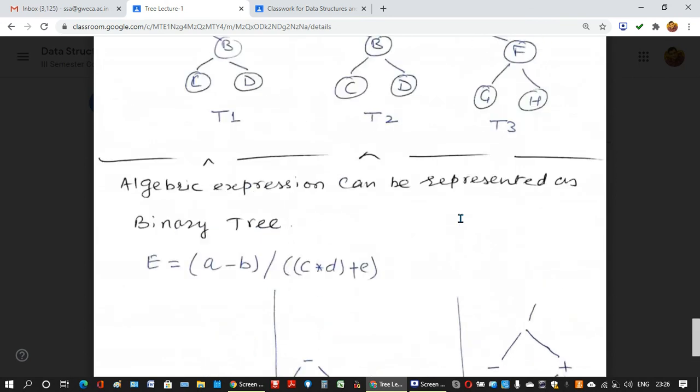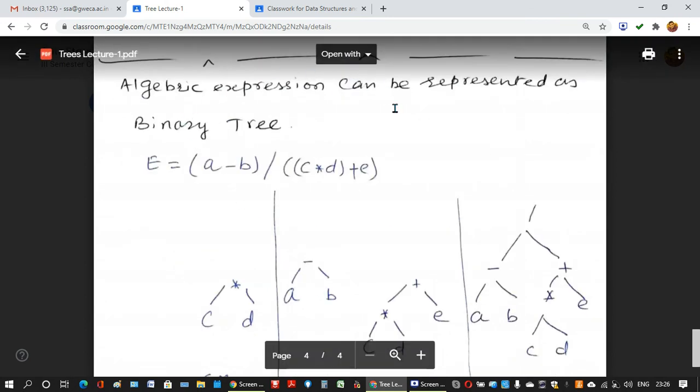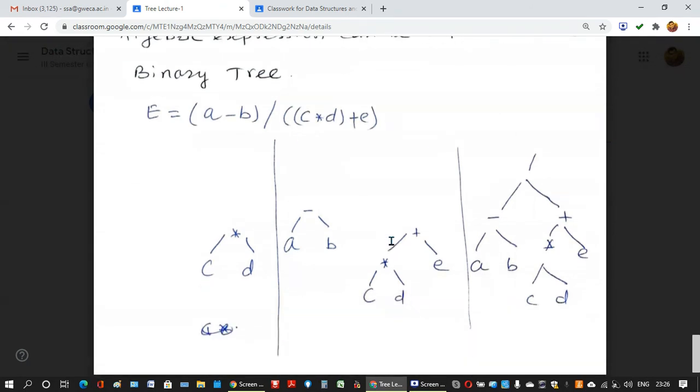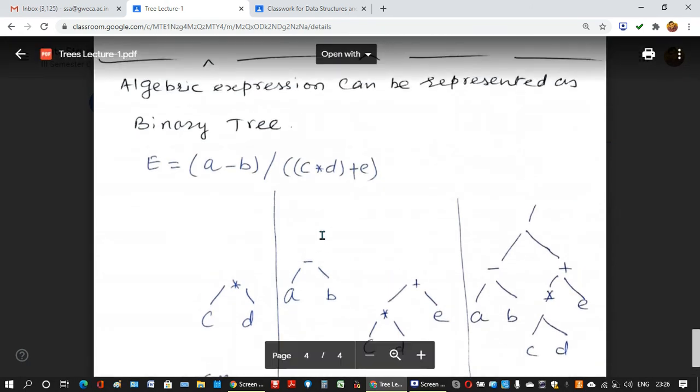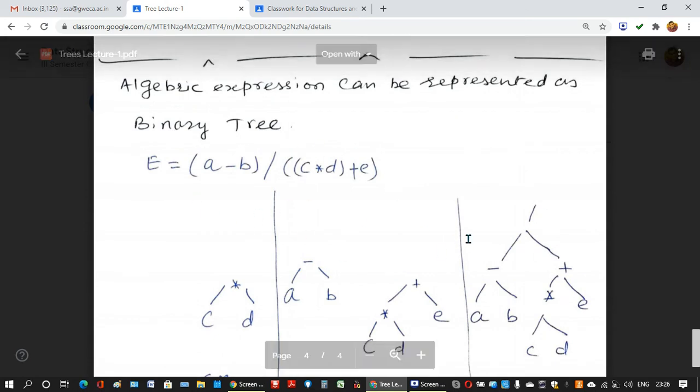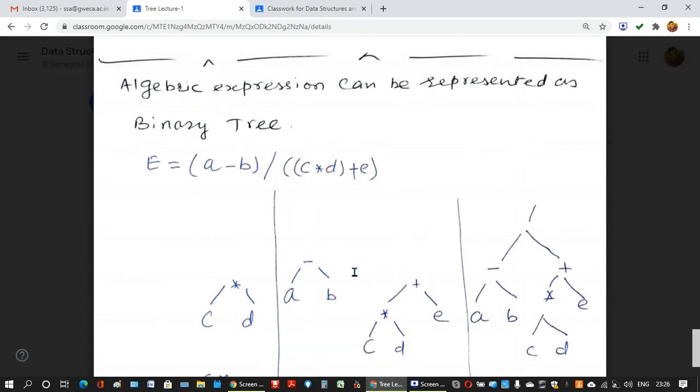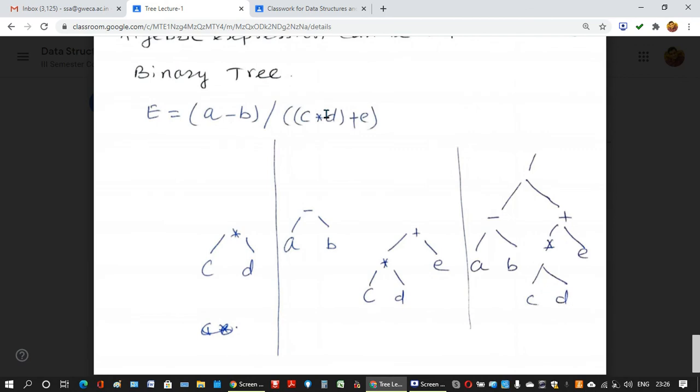Now here you see one more concept, which is called an algebraic expression, which can be represented in the form of a tree. That is easy to write if you practice it. Any mathematical expression you can write in the form of a binary tree, because for operators there will be two operands.